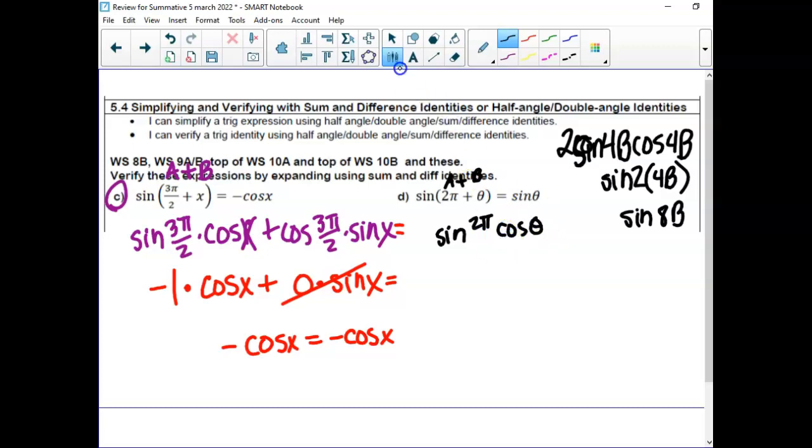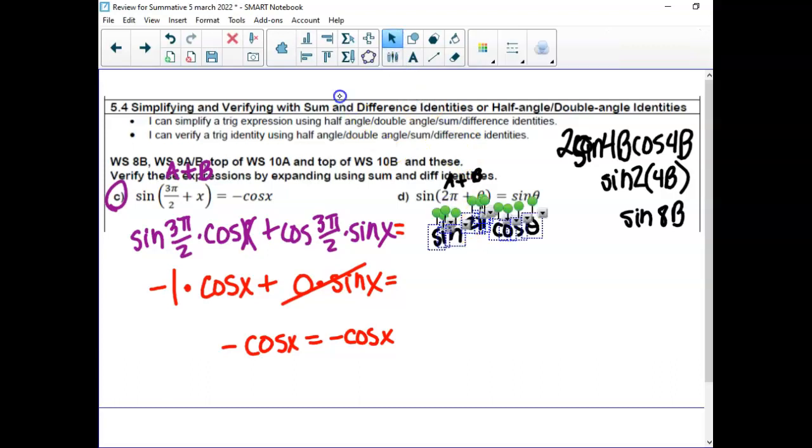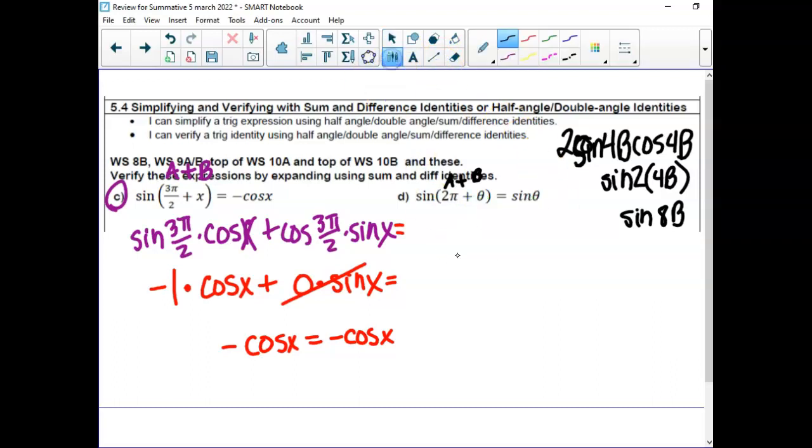I don't know why that looks like it's up in the air, sorry. It's floating. Okay, that's a mess. Sine 2 pi cosine theta plus cosine 2 pi sine theta.